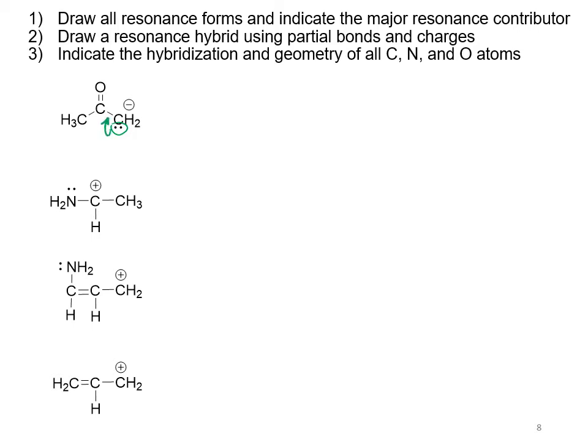So these can move to this carbon because the electrons have somewhere to go. So the resultant resonance form now has double bond character here, and I'm going to add in the missing electrons.